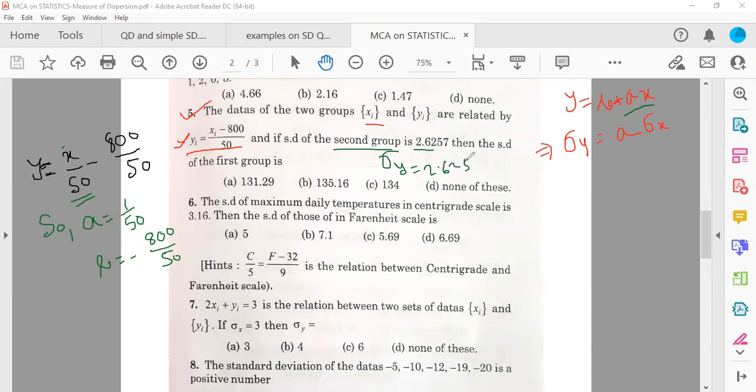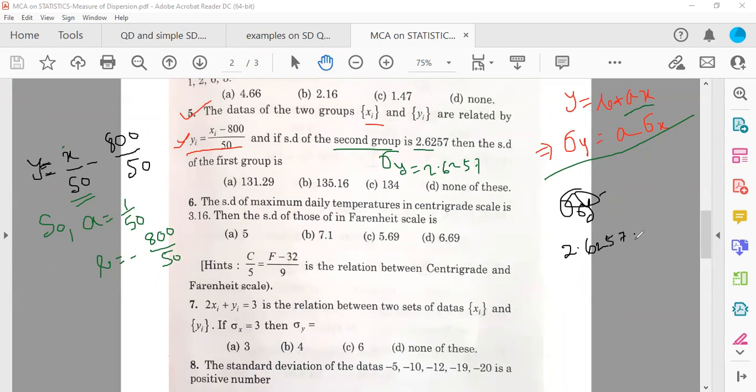Yeah, sigma y is given. So if we put the formula here, put the calculation here, from this you can say sigma y equal to 2.62757.